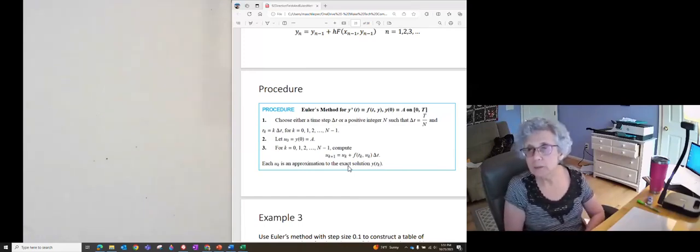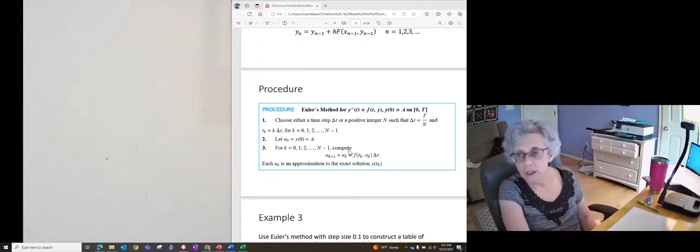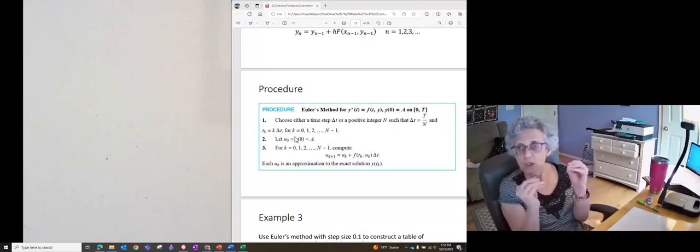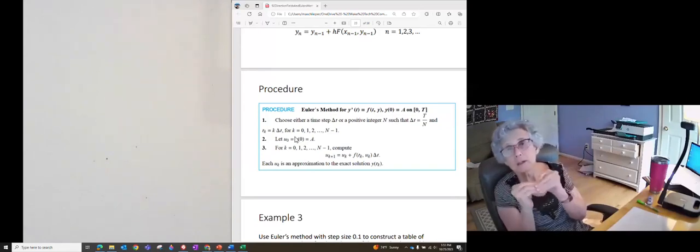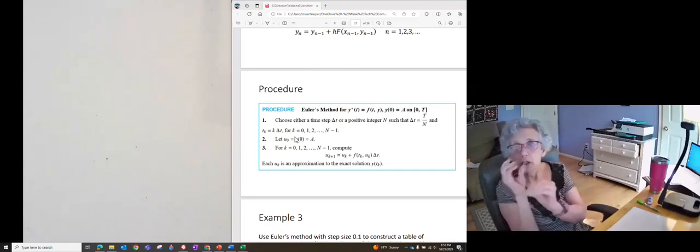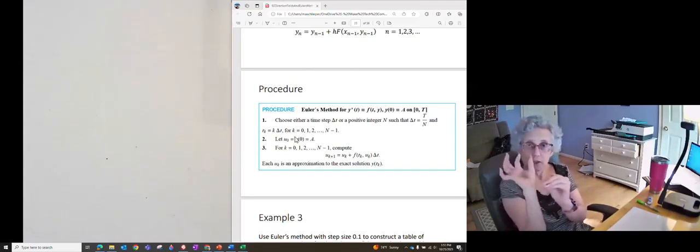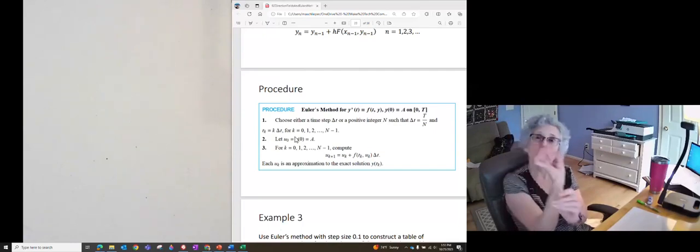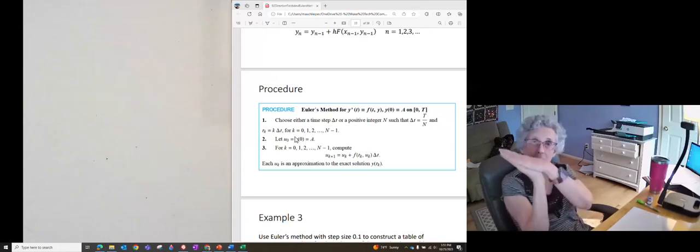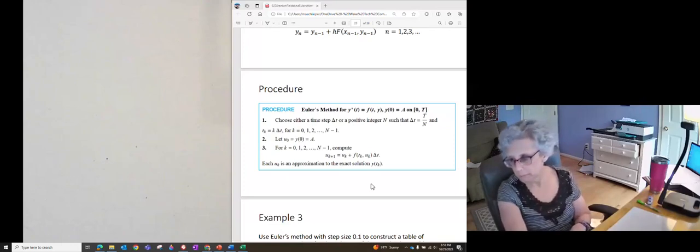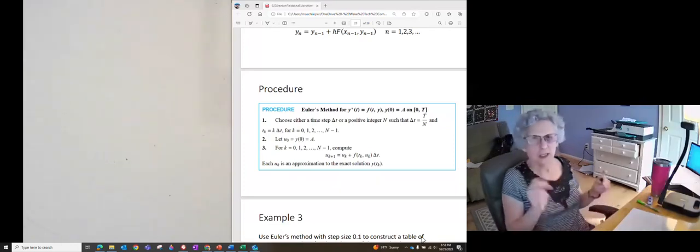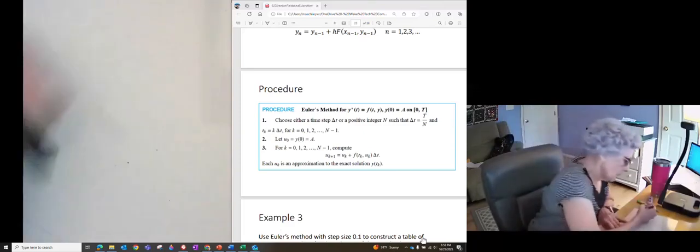So you choose a step size, a positive delta x, and you take your starting point, compute the derivative at that point, multiply that derivative by your step size, and then add it to the previous y. That tells you how much to move along and gives you your new y.